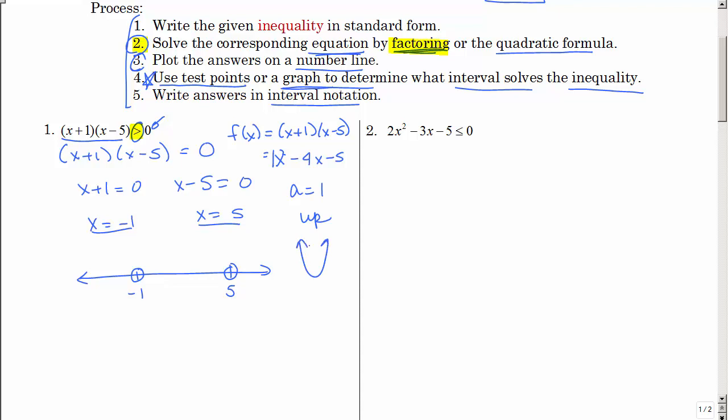It looks like that somehow. Well, if it goes up and it has to cross, this is the x-axis. And it would have to cross the x-axis at -1 and 5. Wouldn't that parabola have to look something like this? We don't care where the vertex is. We just know it looks something like that.